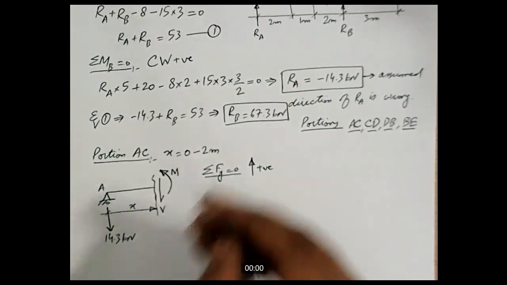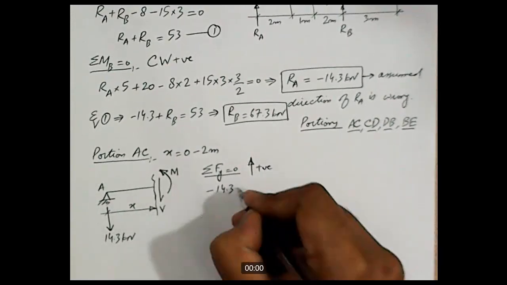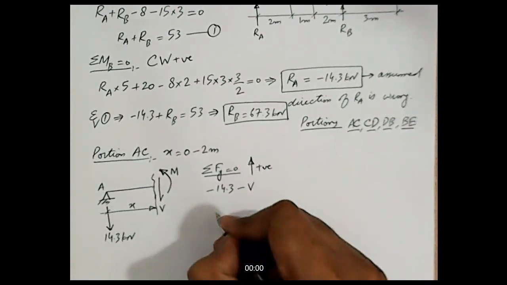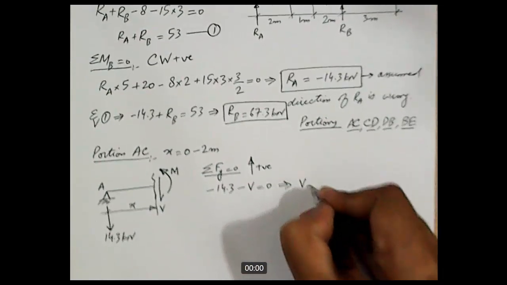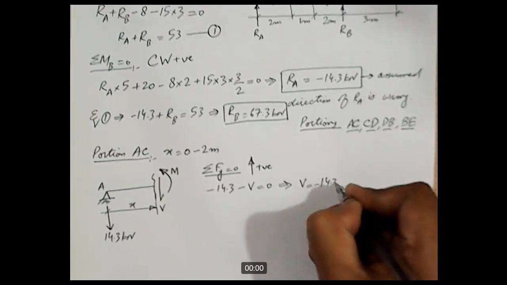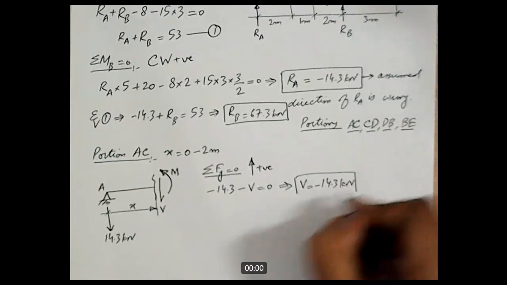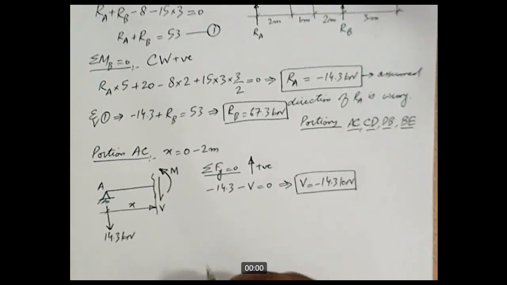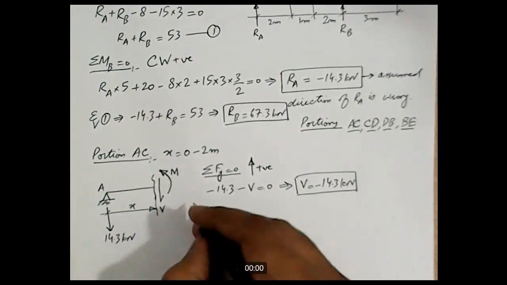This 14.3 kilonewton is in the downward direction, so minus 14.3, and then this V is also acting in the downward direction, and that's it, equal to 0. So this implies V is equal to minus 14.3 kilonewton, and in this equation there is no variable X, so it means that the magnitude of shear is constant for the entire length of this portion AC.